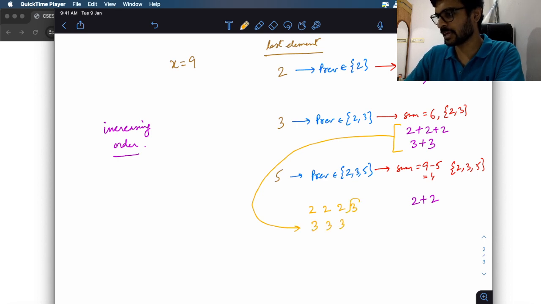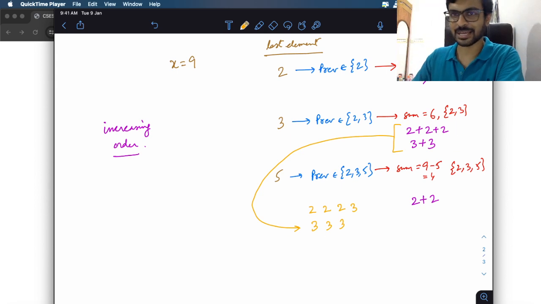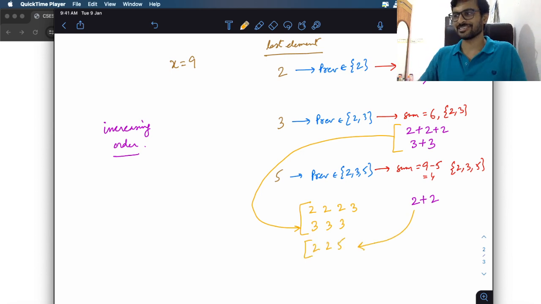The last 3s we have attached, and we have taken the remaining things from there. We have just attached 3 at the end of these two, so we are getting the sum of 9 successfully. Similarly, from here we can take this and attach 5 at the end, so we will get 2, 2, 5. That is the answer.